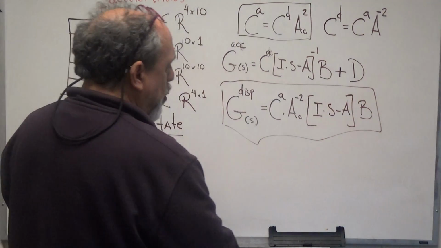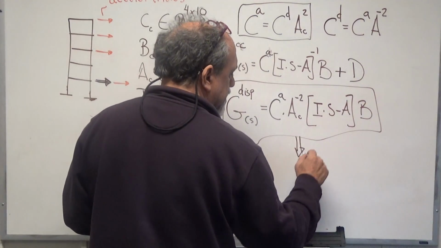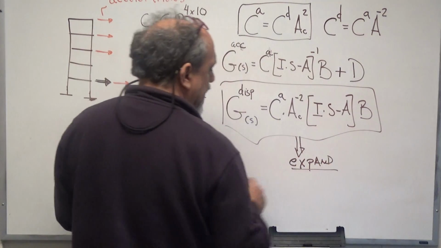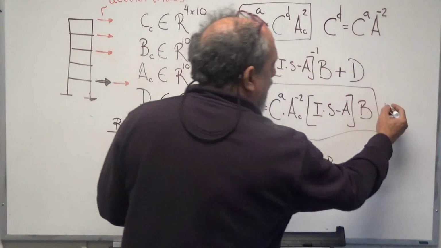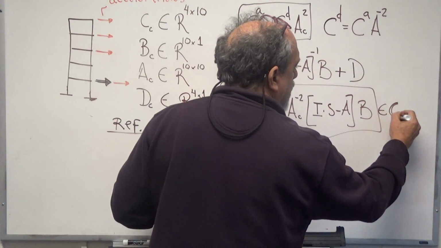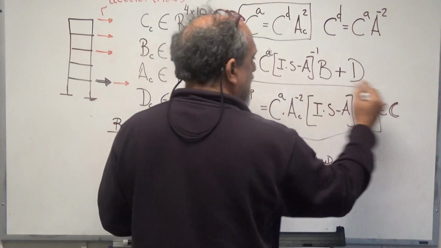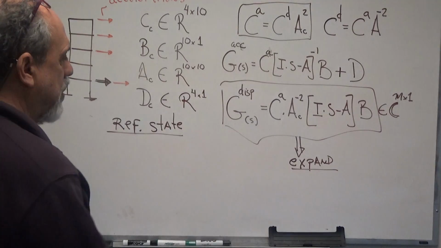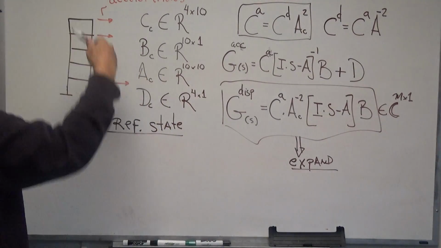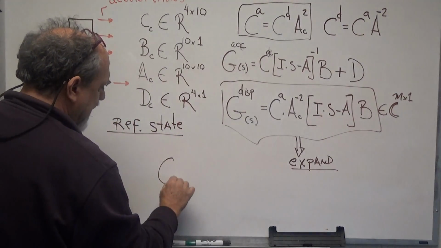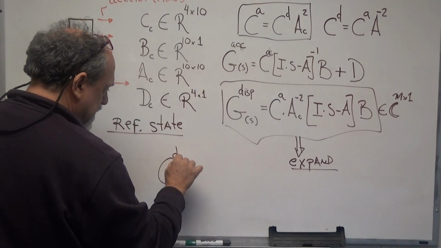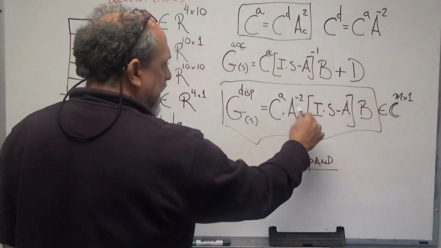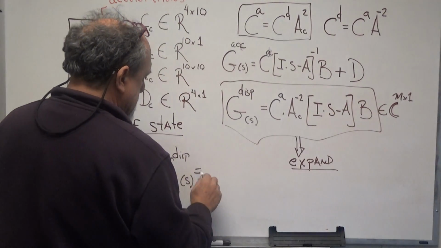So now at this point, we expand. And when we expand, this one, let's say, is complex depending on the C, but it is m rows by one column. So when we expand it and we recognize the distribution of the sensors, we now will have a transfer matrix for displacements as a function of S, which will be just this expression here.